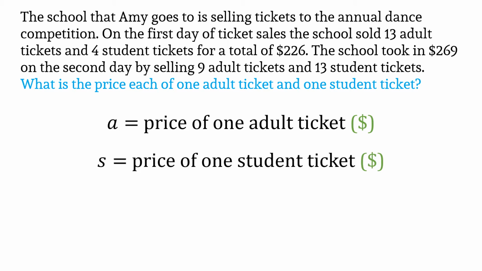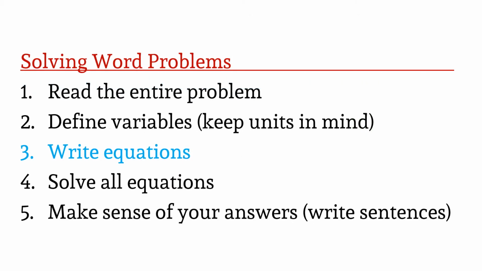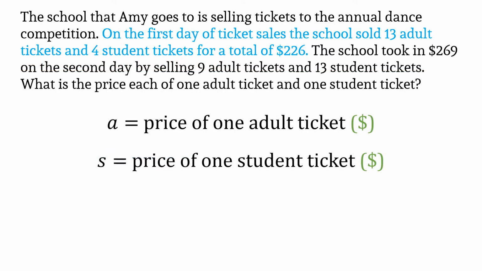Now that we've defined our variables, let's write equations based on the information we're given in the word problem. On the first day of ticket sales, the school sold 13 adult tickets and 4 student tickets for a total of $226. What's the relationship between the tickets, the cost of a ticket, and the $226?